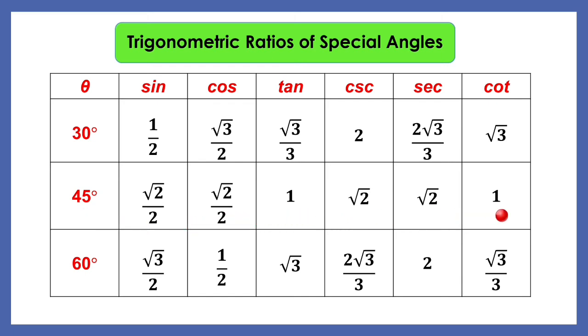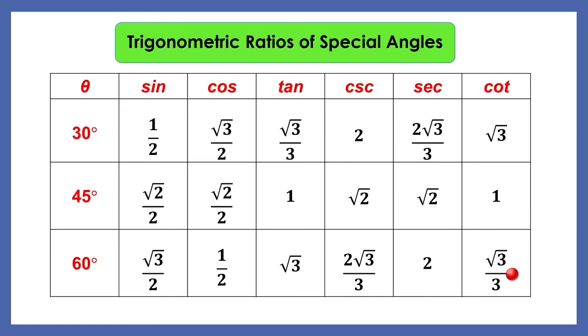Kung mapapansin natin sa ating table, ang sine 30 degrees at cosine 60 degrees ay the same, 1/2. Another, cosine 30 degrees is square root of 3 over 2, while sine 60 degrees is square root of 3 over 2 also. Makikita rin natin na ang tangent 30 degrees measures square root of 3 over 3.